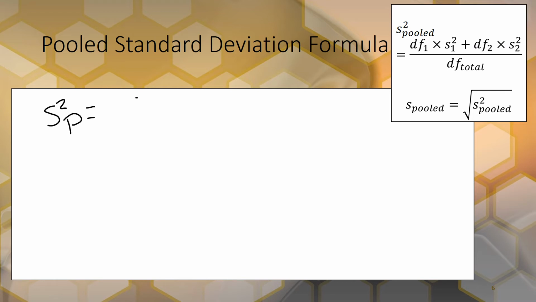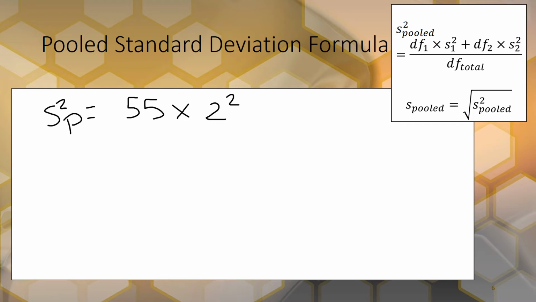So 55 is the degrees of freedom for the men, so I'm just going to make the men group 1. We're doing 55 times the men's standard deviation, which is 2. Now because we're given the standard deviation, we have to square this.